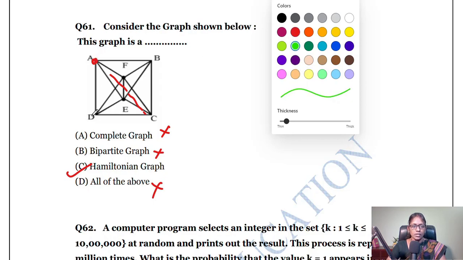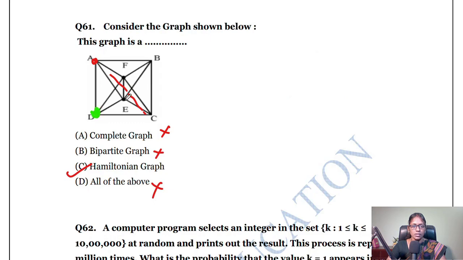So another this should be green, and this should be green, and this should be green. In this, green should not connect with green, so green color should not connect with green color. So this is another, and this is another, and this is another.